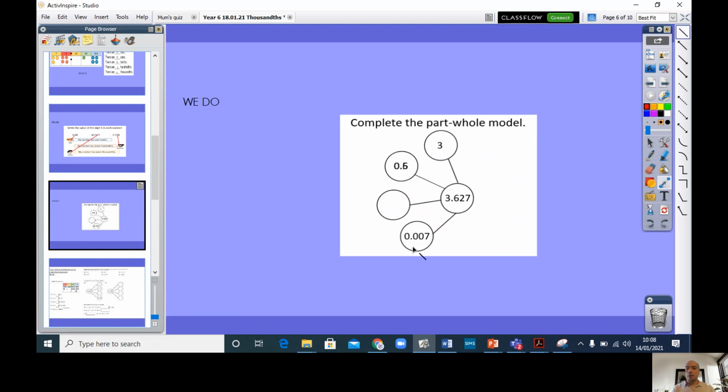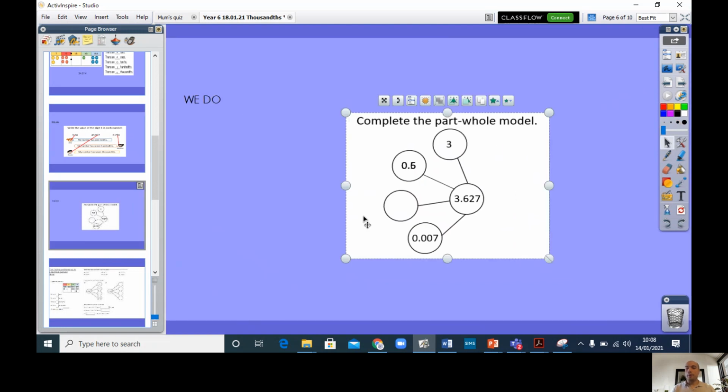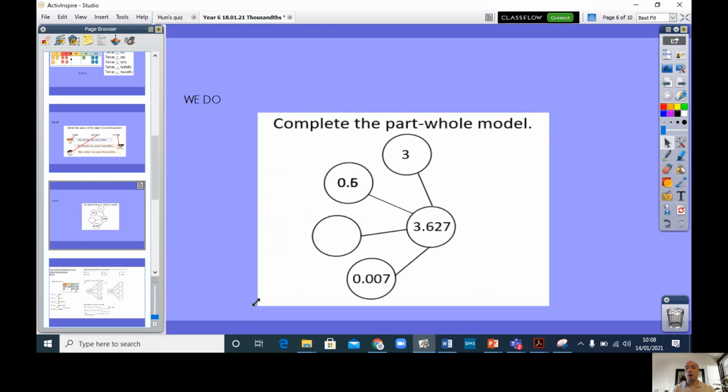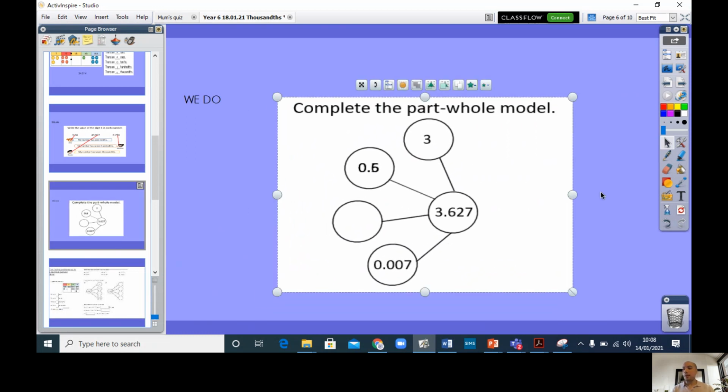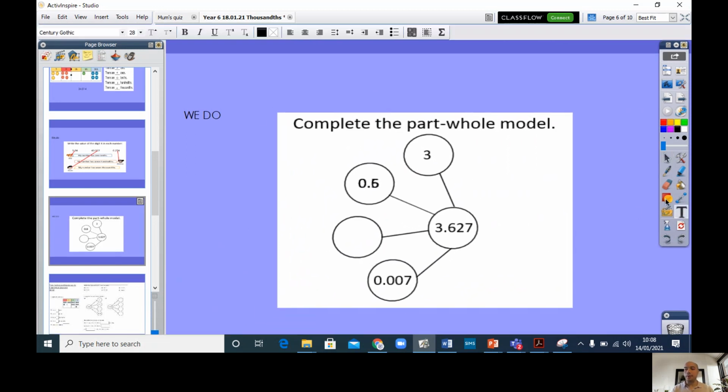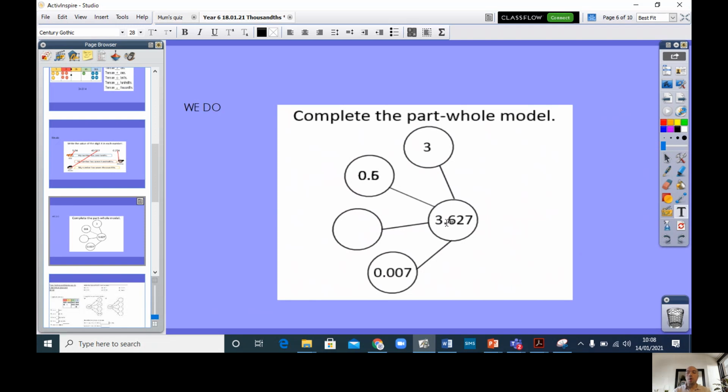Let's move on. Part whole model. We would have done this when we were looking at whole numbers, but let's see if it's the same when we complete numbers with decimals. So my whole number here is 3.627. And these are the parts that make up that number. So you can see 3 here is my whole number. 6 is my tenths, which is here. 7 is my thousandths.